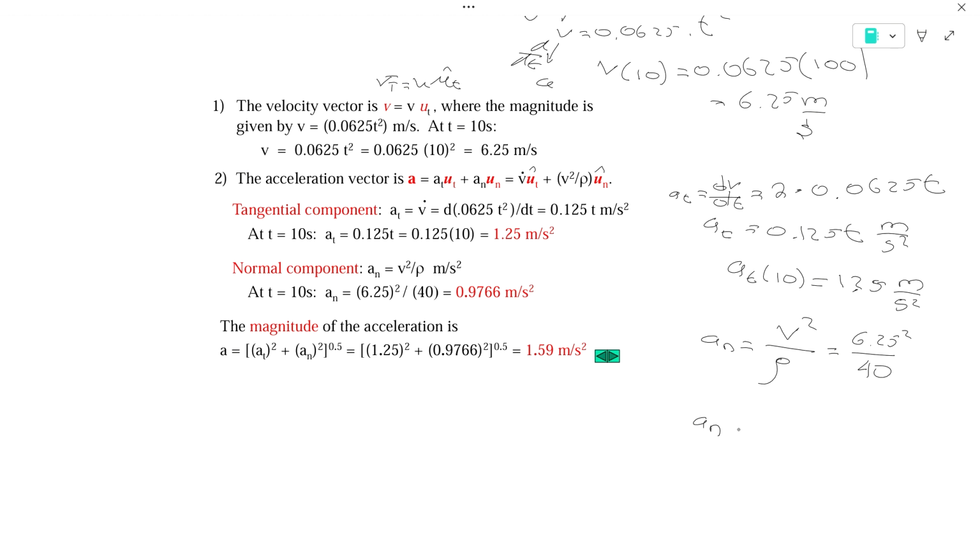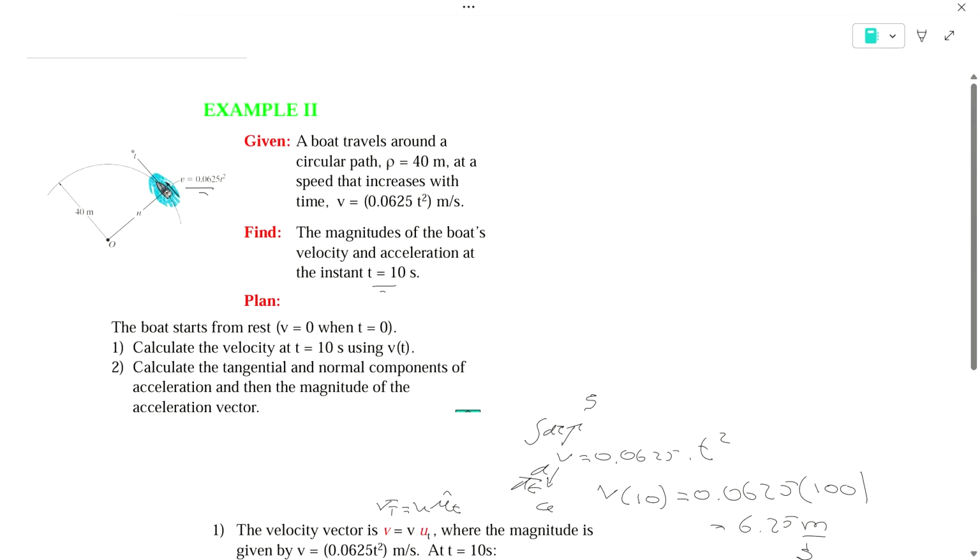Then the normal acceleration is 6.25 squared divided by 40, which is less than 1, it's 0.9766 meters per second squared. But this is the normal component of the acceleration, right? So we have a tangential component and a normal component.